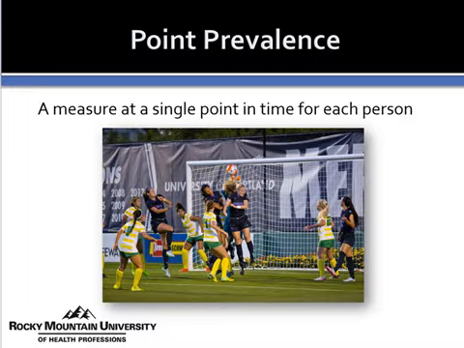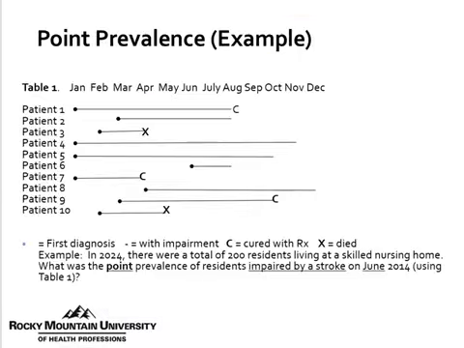Point prevalence, this is a measure at a single point in time for each person. So let's imagine point prevalence here. In this table, there are 10 patients. Overall, you're supervising a sample of 200 residents in a skilled nursing home.